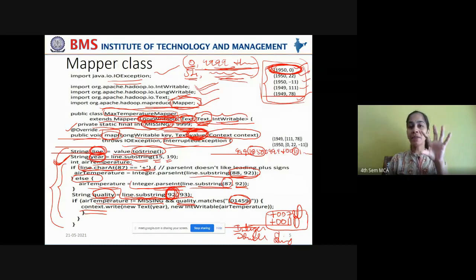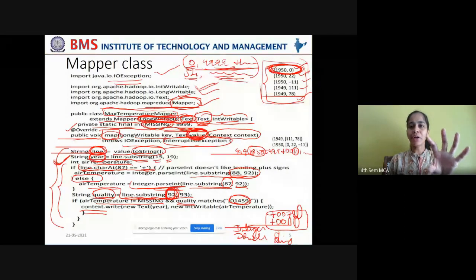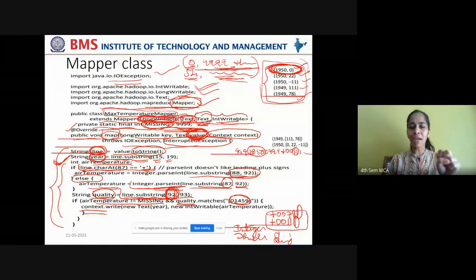Okay, now your data is ready, in the form of a key value pair. Pack it into the context object. How do you pack that? By using the write method. Context.write. What data are you going to write now?